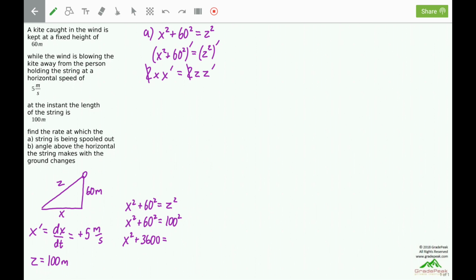On the right side, 1 squared, 1 times 1 is 1, and the square of the 2 zeros makes 4 zeros. So that comes out to 10,000. We can subtract 3,600 from both sides. That will give us 6,400.